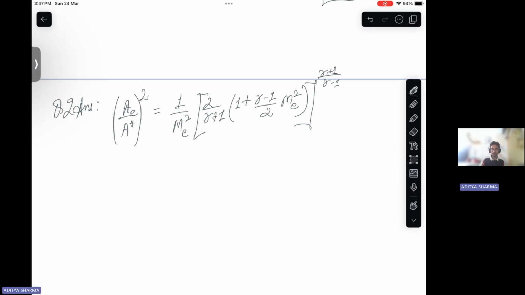So Mach depends on the area ratio of the exit of the nozzle and the throat.